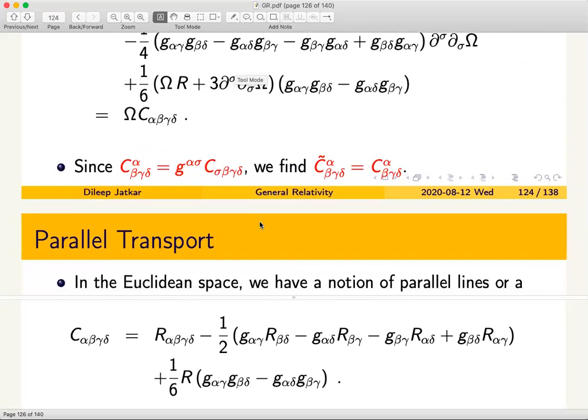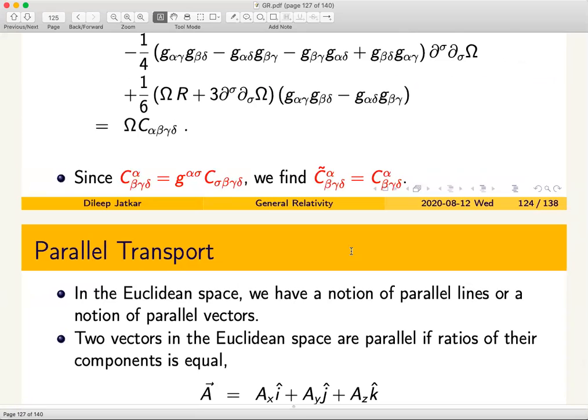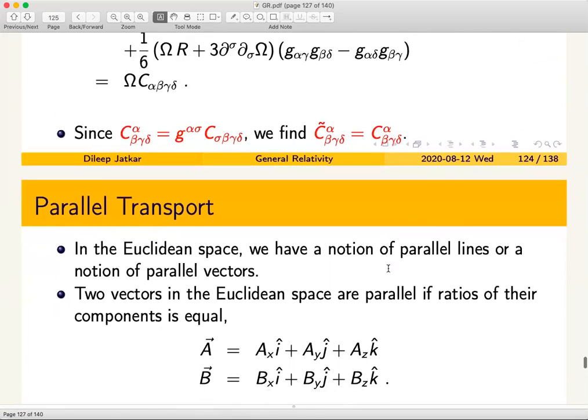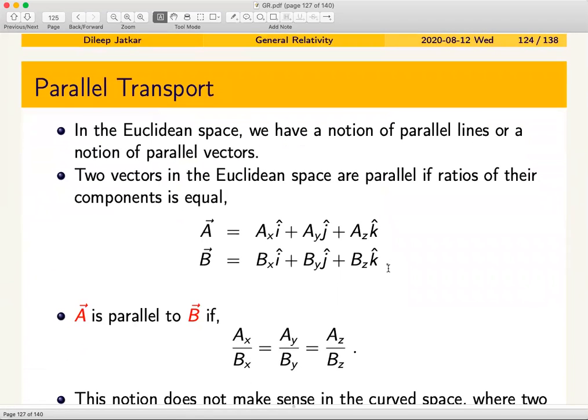Okay, so let's change the topic. We'll talk about parallel transport now. In the Euclidean space, we have, of course, a notion of parallel lines or a notion of parallel vectors. That is defined in a very simple way.